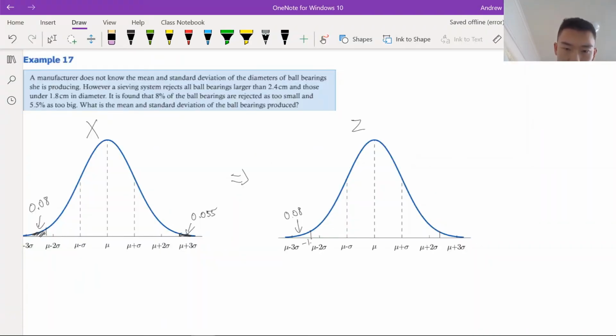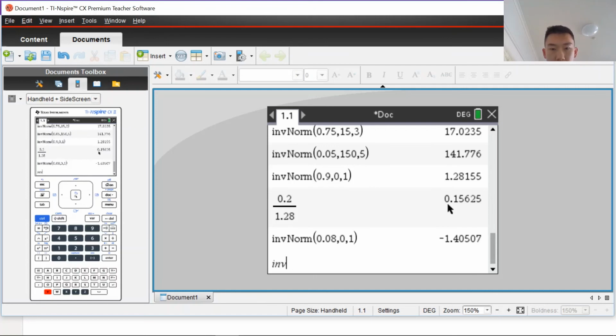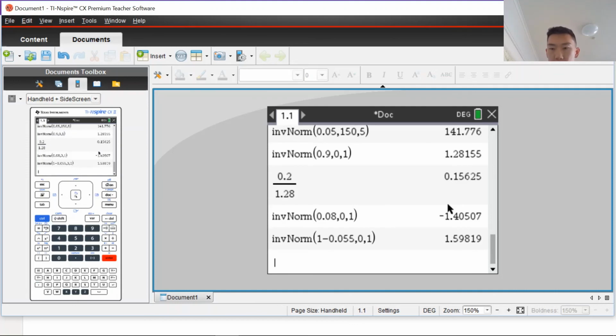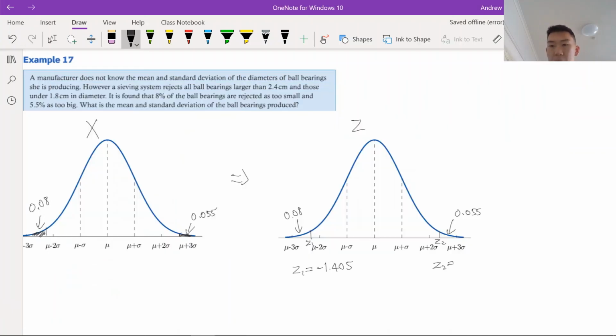So let's call these z1 and z2. z1 equals negative 1.405, and z2 equals, well, if this is 0.055, when we calculate z2 we want all the area to the left, which is going to be 1 minus 0.055, so 1.598.